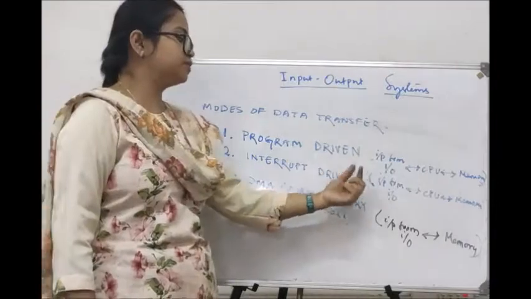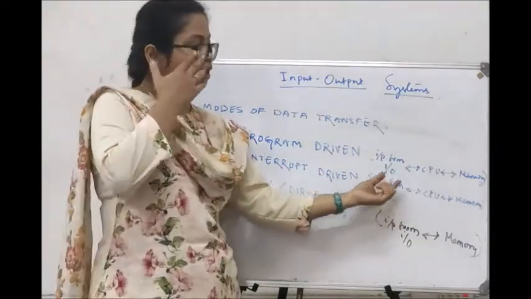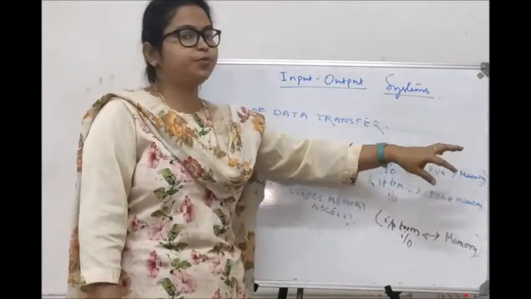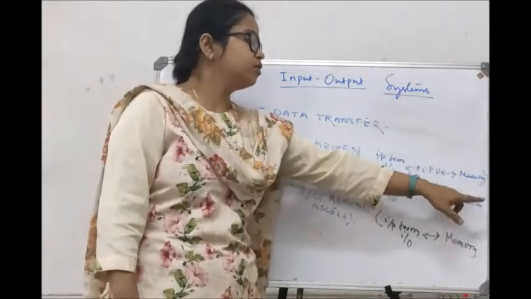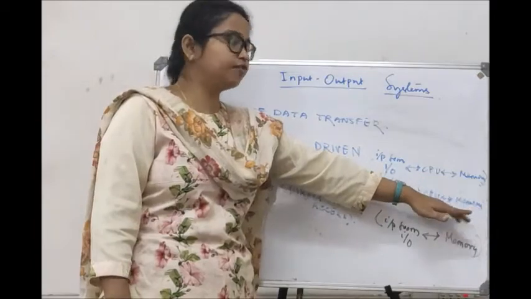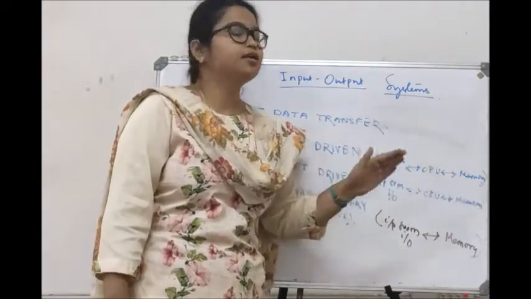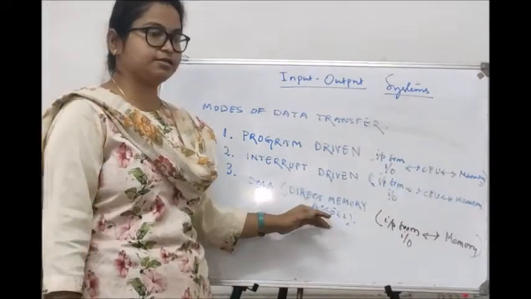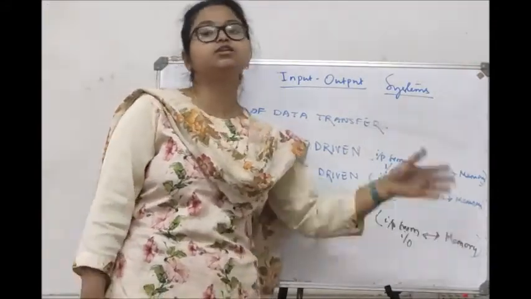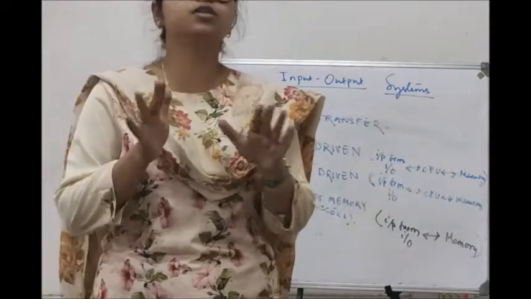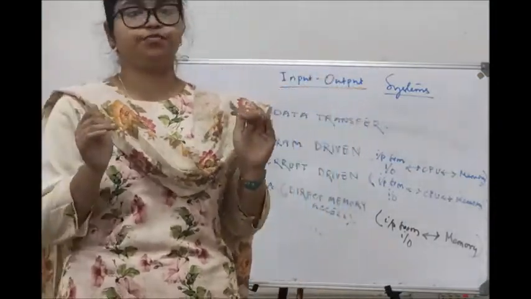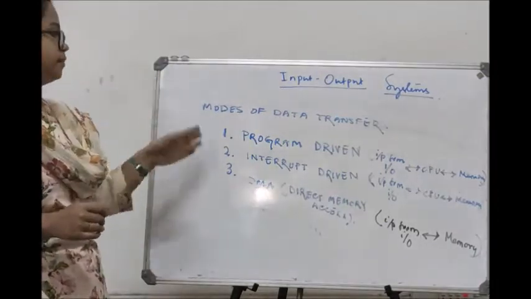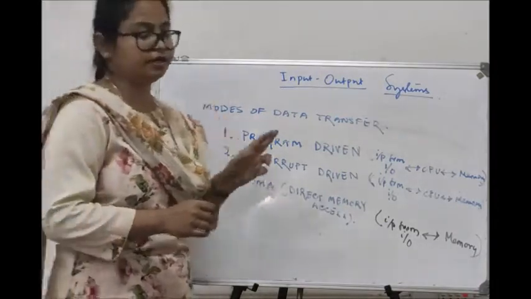In interrupt driven as well, input is taken from I/O, then the CPU has some role, and after the CPU is done with its part, the data is stored in memory. But in DMA, input from I/O is directly stored into memory without the interference of the CPU. So these are the three important modes of data transfer.